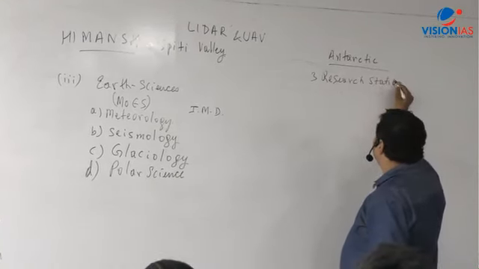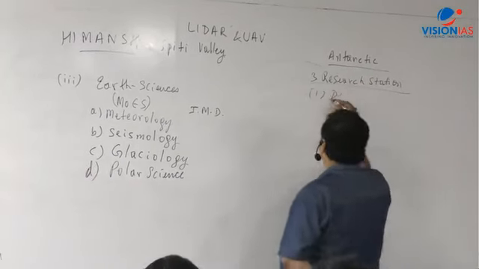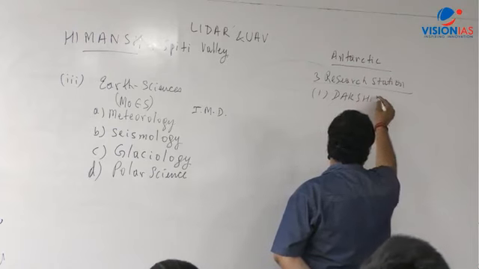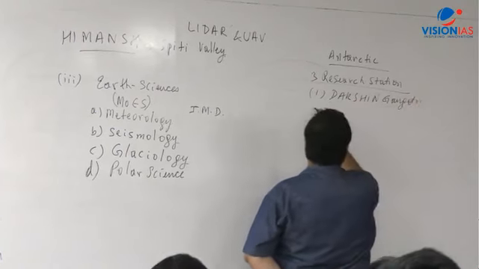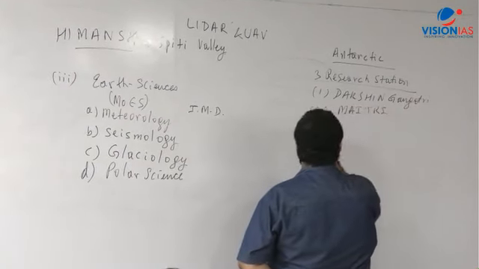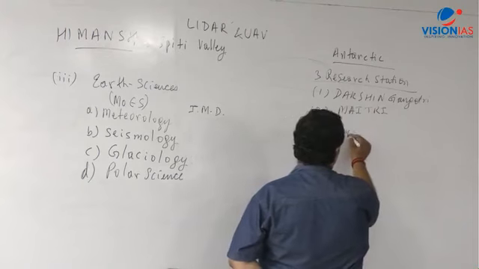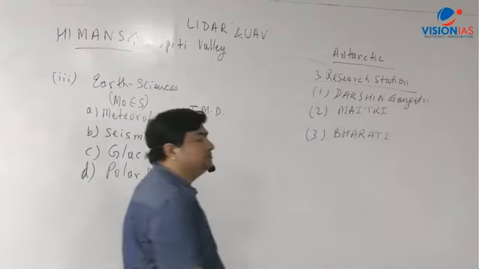The first one, which I said was in the 80s, was Dakshin Gangotri. That was the name given there. Second, which is now operating, is Maitri, and the next one we have built is Bharati. These are the 3.